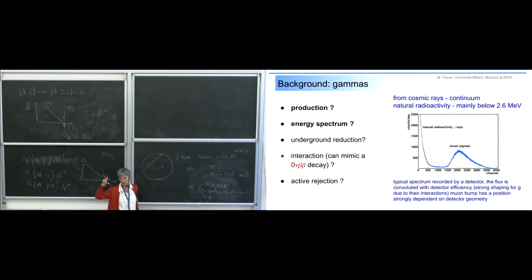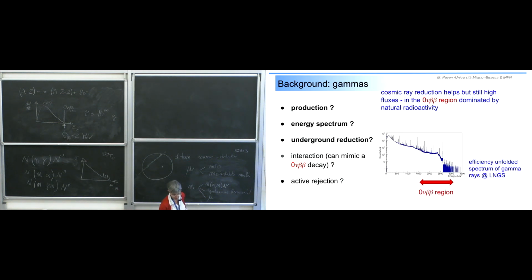So the length of the track depends on the direction: for example, if I am underground, they come mainly from above. If I am on a flat surface at sea level, they can come from 2 pi. And then the geometry of the detector.